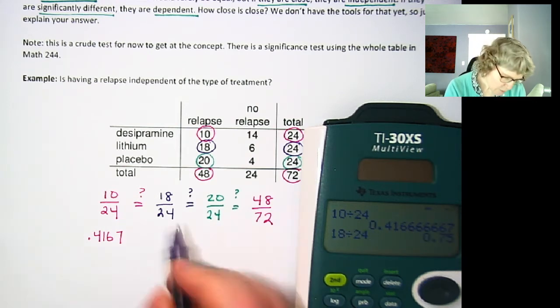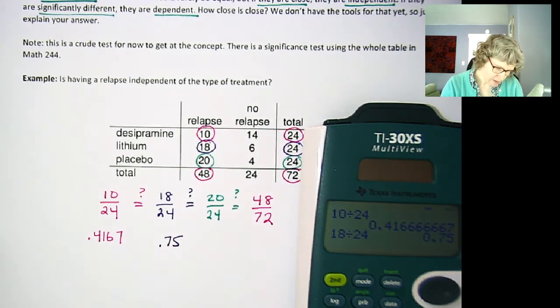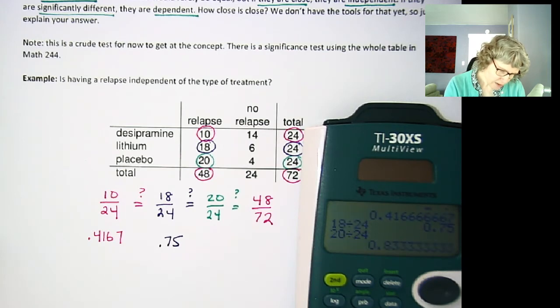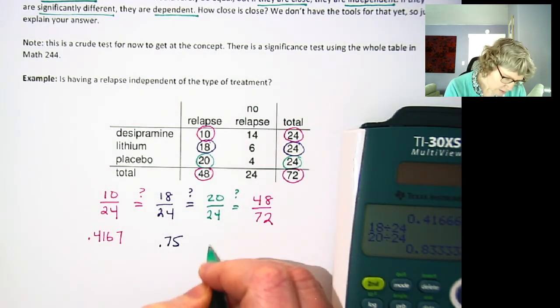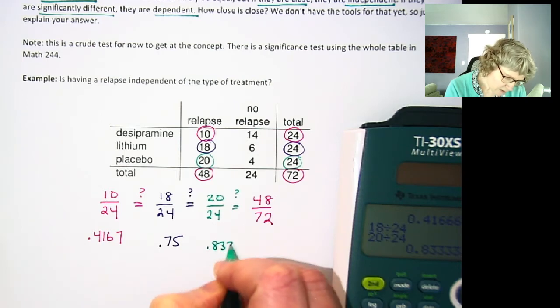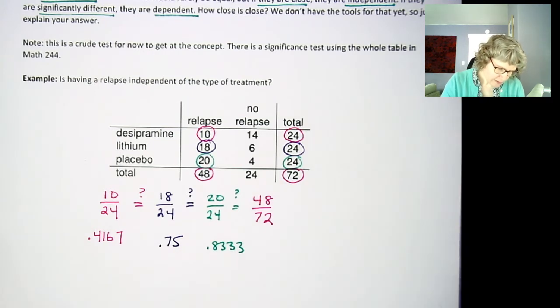So 10 out of 24 is 0.4167. I will leave the symbol blank for right now since we don't know what's going to happen. 18 out of 24 is 0.75, quite a big difference there. 20 out of 24 is an even bigger difference, 0.833. And then the overall, or kind of average, 48 out of 72 is 0.6667.